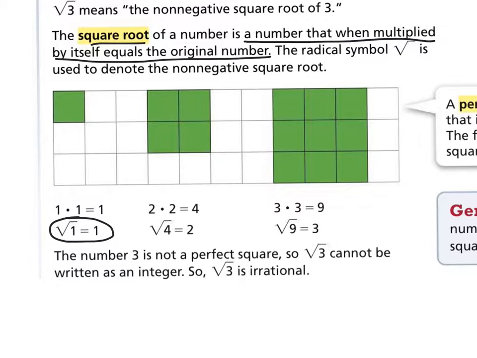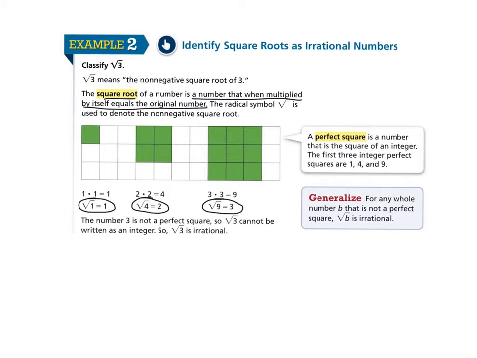Well, 1 times 1 equals 1. Square root of 4 is 2, because 2 times 2 equals 4. Square root of 9 is equal to 3, because 3 times 3 equals 9. And those numbers, like we talked about, those are some examples, 1, 4, and 9. Those are called perfect squares.